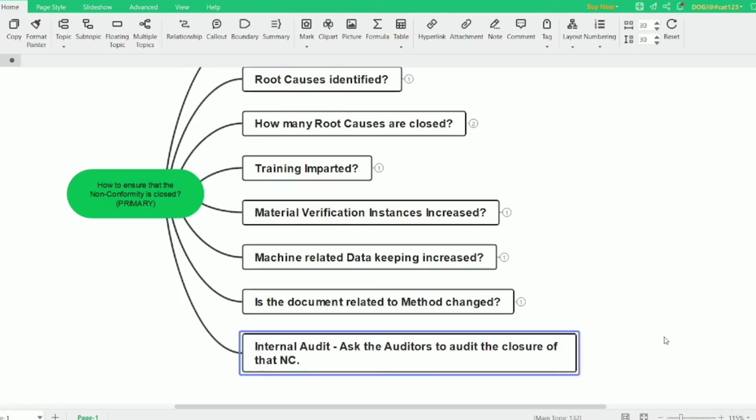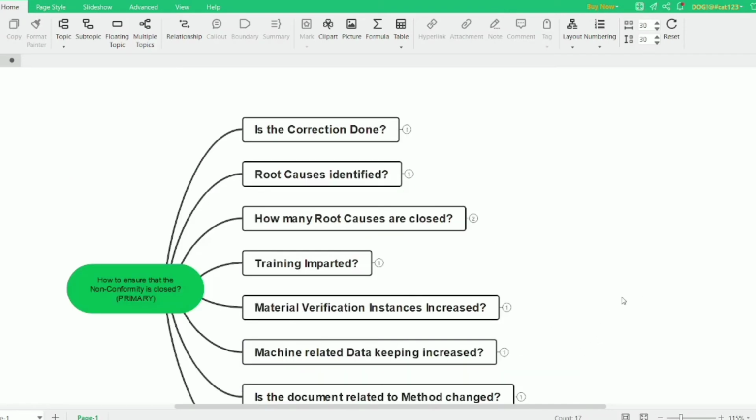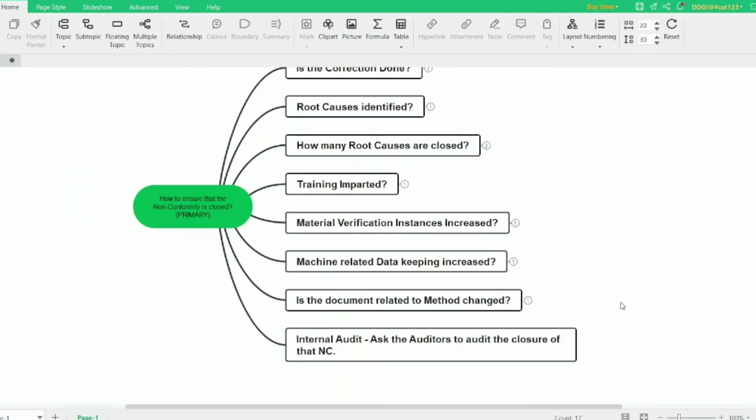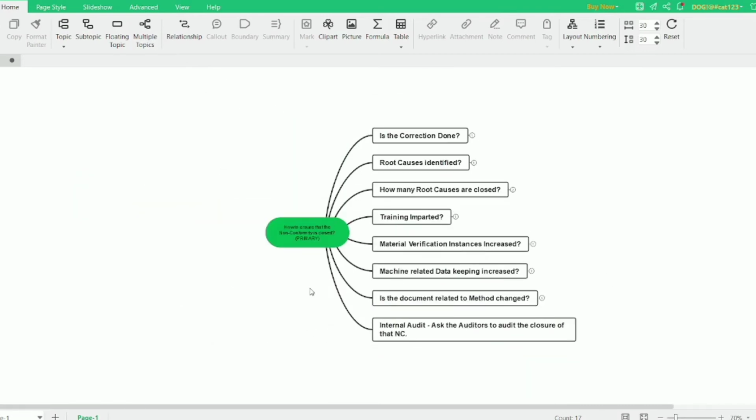You may have more than one NC in such fashion, but you can ask your auditors, or the auditors which you have hired, to keenly audit that place, whether the closure which is done, the root cause identification and the corrective action which is done are adequately implemented. So all this comes under the point of how to ensure that a non-conformity is closed.